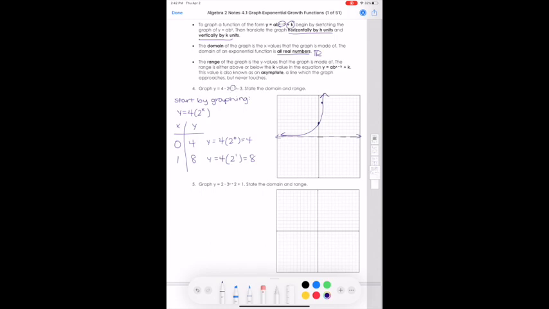So that means we are shifting to the right 1 unit, and we are going down 3.